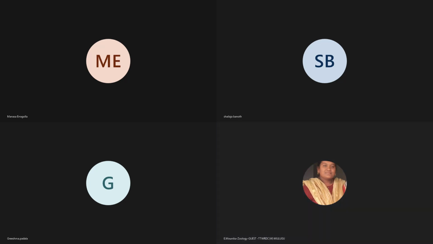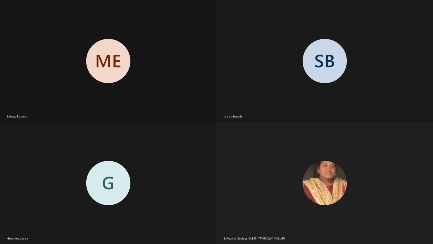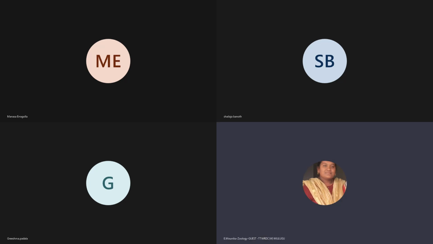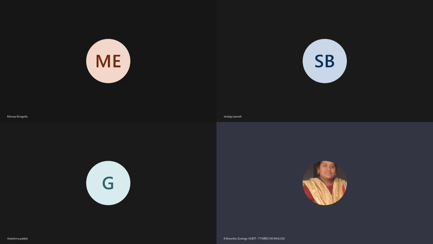If you observe this diagram of MHC class 1 molecules, these proteins consist of peptide binding groups, one alpha and one beta.